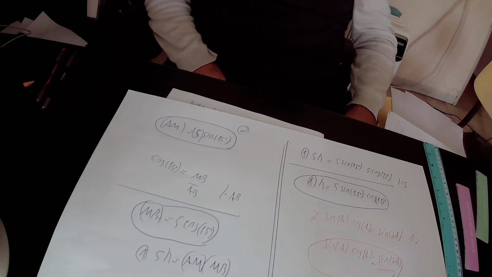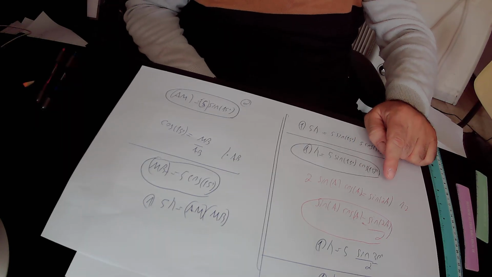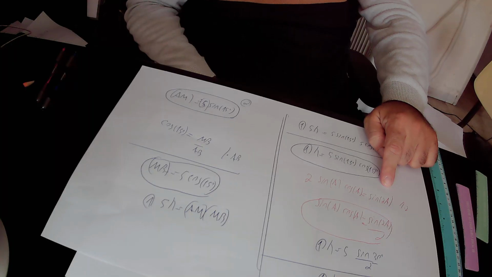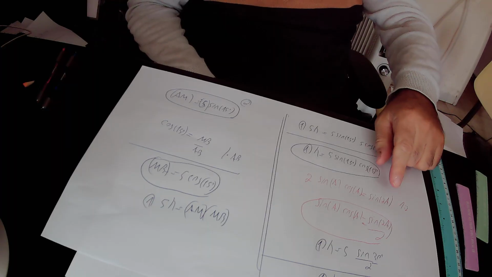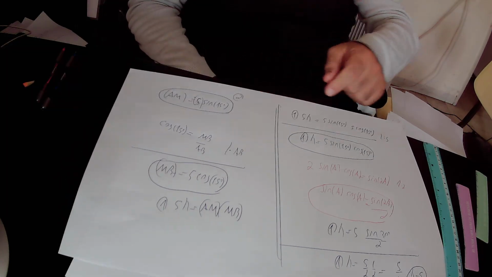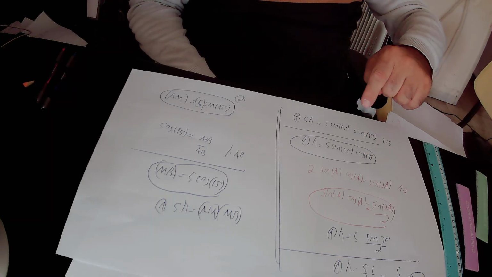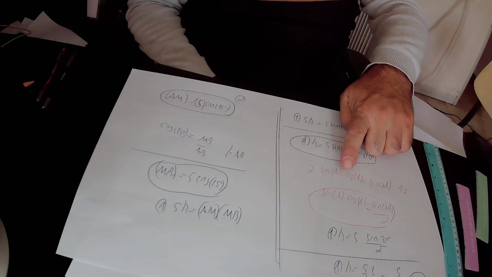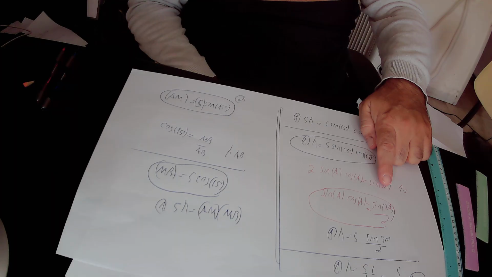We have the trigonometric identity that says that 2 times sine A times cosine A equals sine 2A. Dividing this identity by 2, we find that sine A times cosine A equals sine 2A over 2.